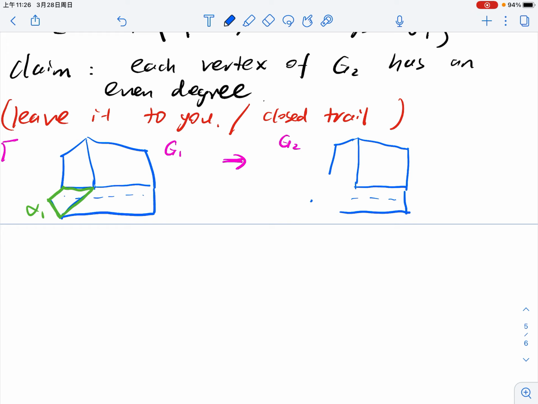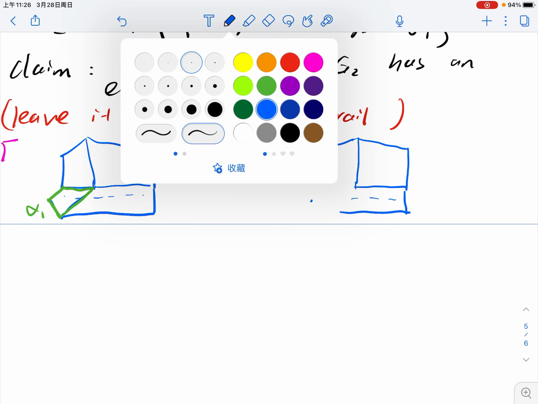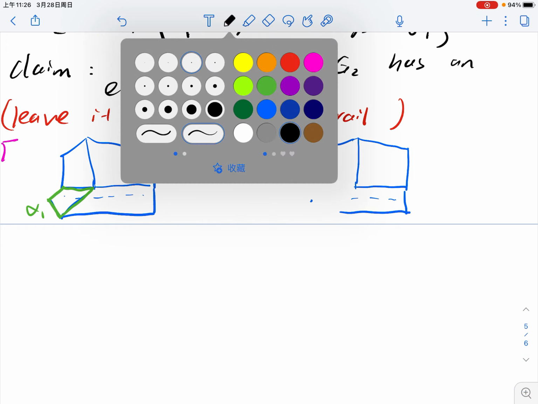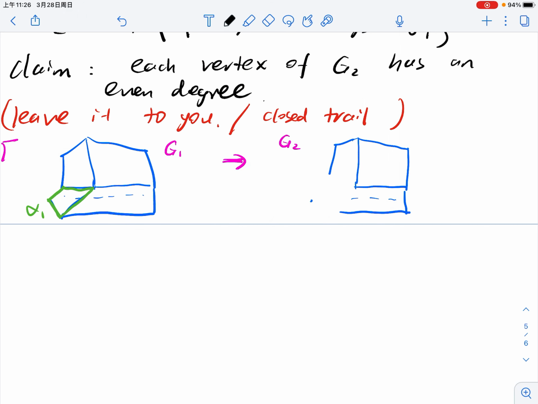So this is G2. Then we are going to repeat again and again, and you hope that finally you will have a graph with an empty edge set. Then you are done.